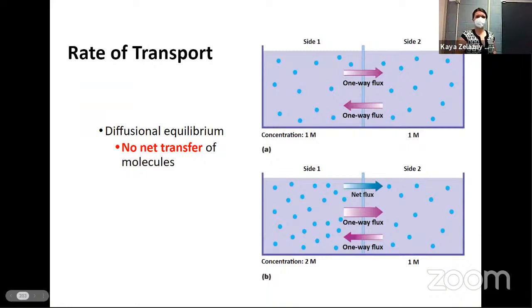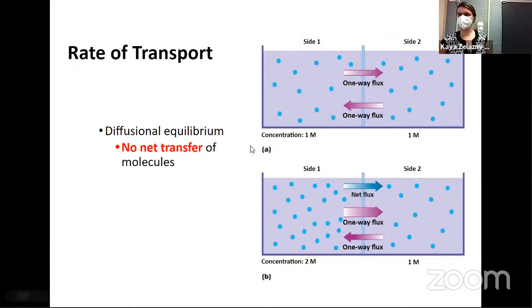So when we think about rate of transport, I want to make sure we understand this concept of diffusional equilibrium. When we're thinking about equilibrium potential, in that previous packet, we were thinking about the chemical and electrical driving forces, both of them. When we're thinking about diffusional equilibrium, we're just thinking about this situation where we have no net transfer of molecules.